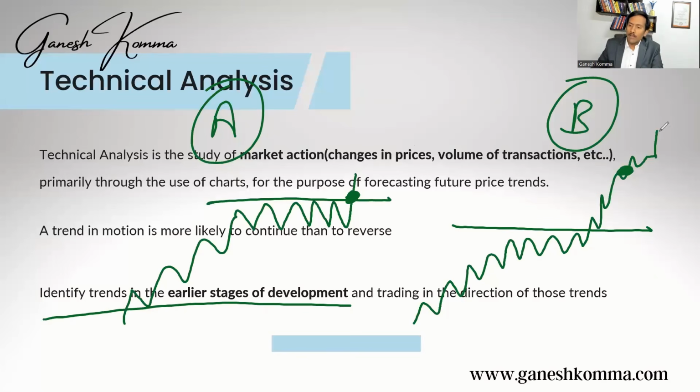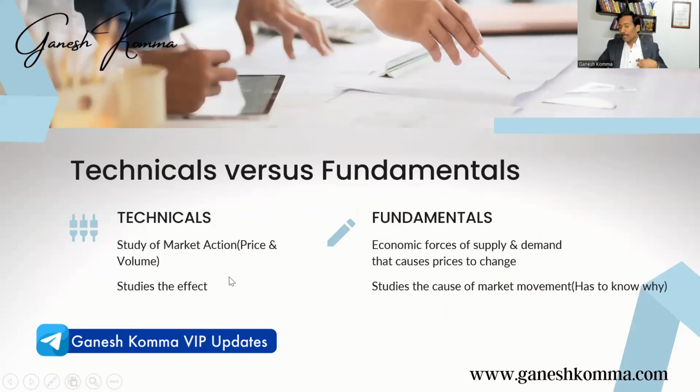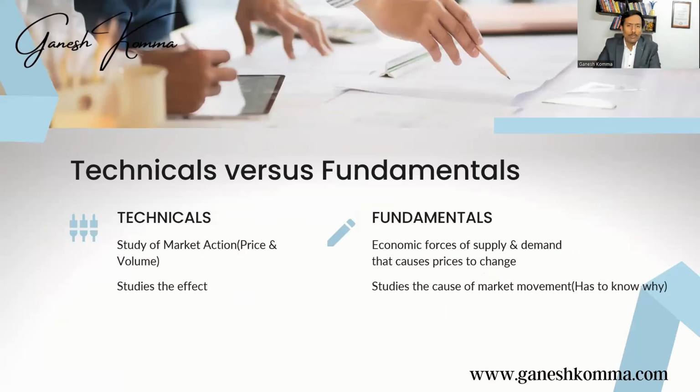From here, yes, it can go further up, but from the breakout level we have taken a little bit higher risk, right? So identification of the trend much earlier is also very important. So in technicals, we study the market action, which is the price and volume, right? Which is the price and volume.